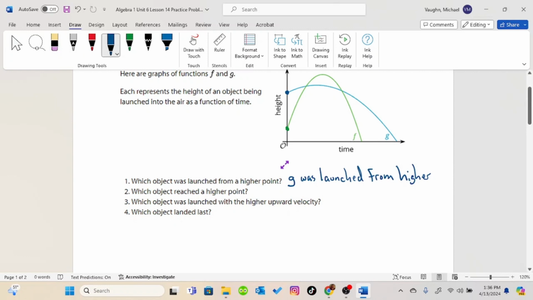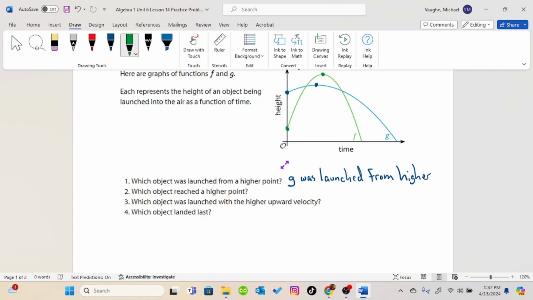Number 2. Which object reached a higher point? Well, we can see the vertex of G right here. And we can see the vertex of F at the top here.